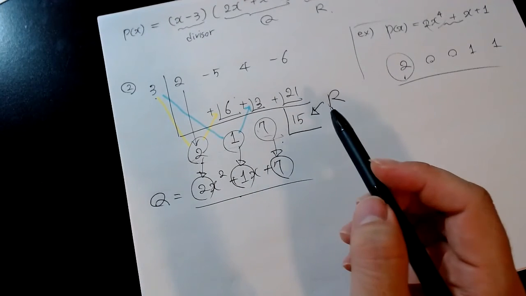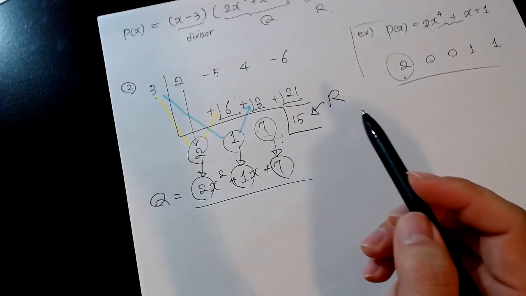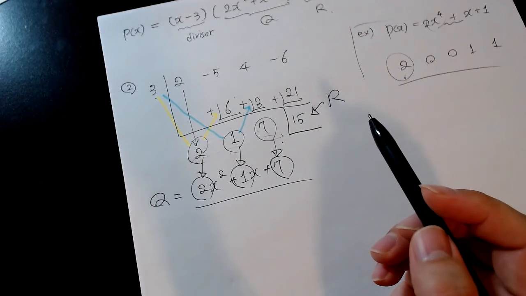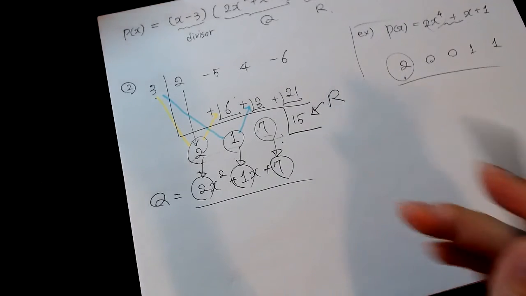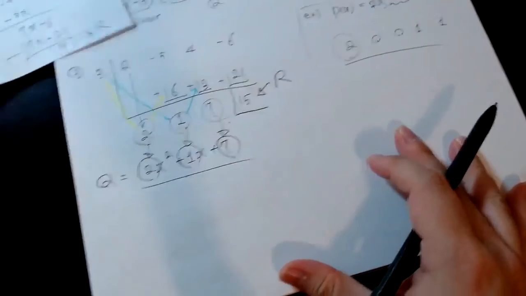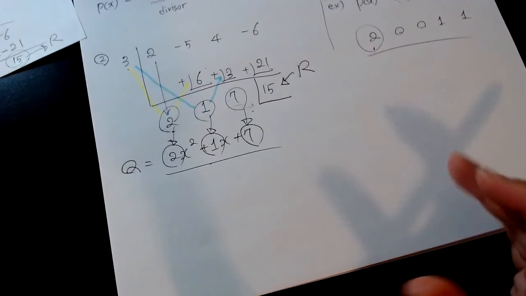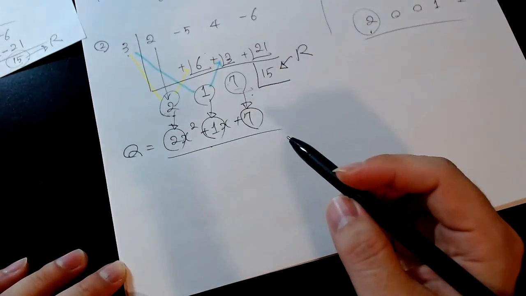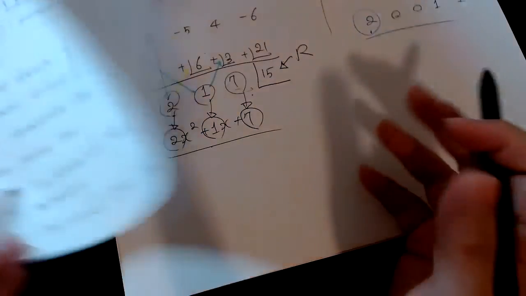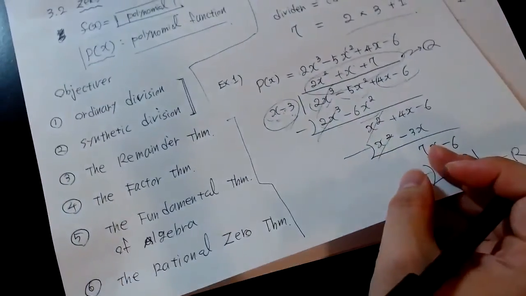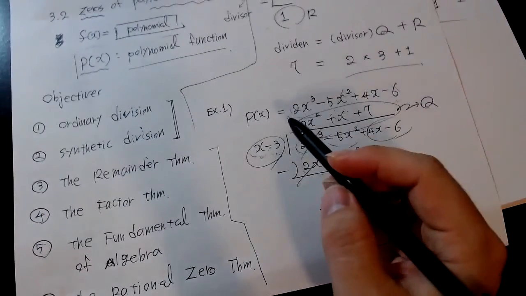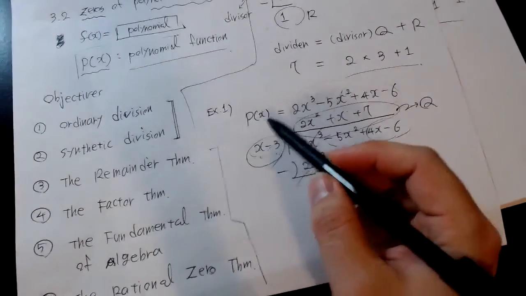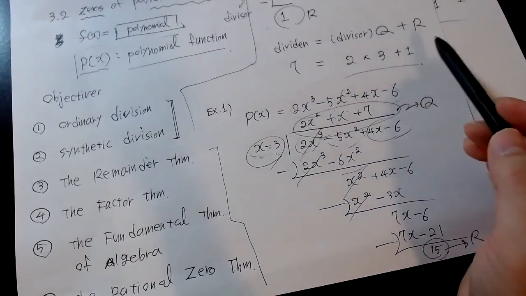Therefore you need to practice, so please look at the examples in the textbook. I introduced ordinary division and synthetic division, and the reason we study them is that we want to express a polynomial function in terms of the divisor, quotient, and remainder.